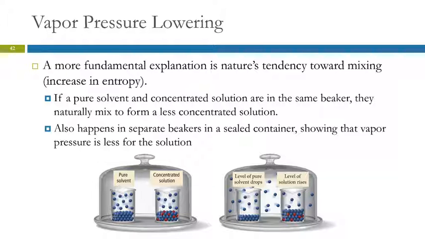We have this solvent in the concentrated solution, in the pure solvent mixing. They're naturally going to mix to form a less concentrated solution. I think of it as nature's like, there's an imbalance here. This one's different than that one. We want to make it the same, right? Everything wants to be the same. And so it'll try. Any questions?